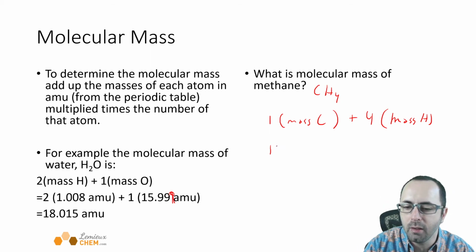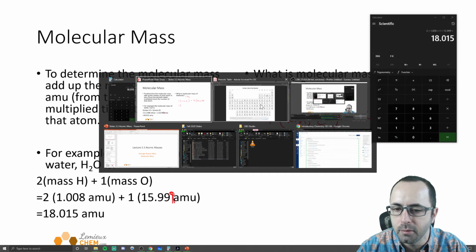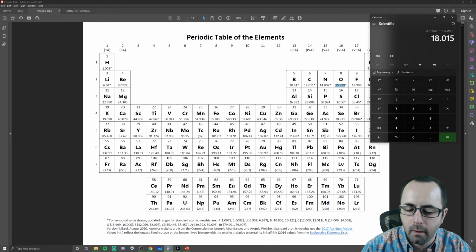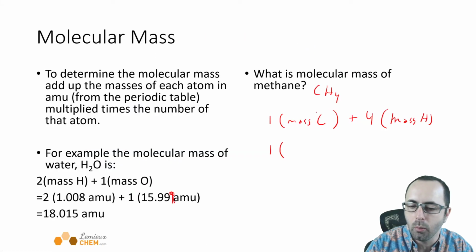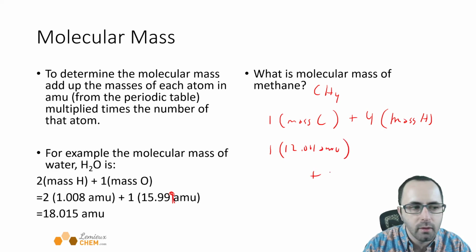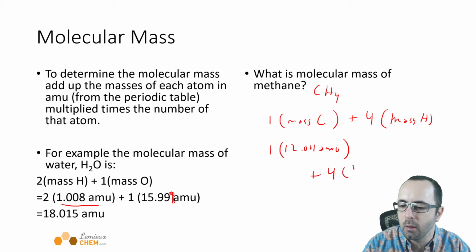So it's going to be 1 times the mass for carbon. We look that up on our periodic table. That's going to be 12.011 AMUs. That's going to be plus 4 times the one for hydrogen, which we still have right here from the periodic table, 1.008 AMUs.